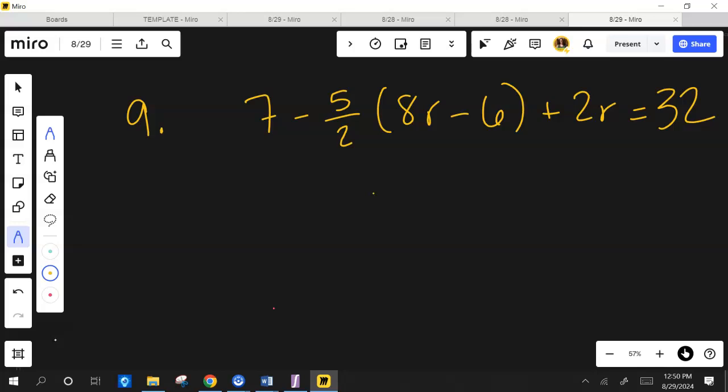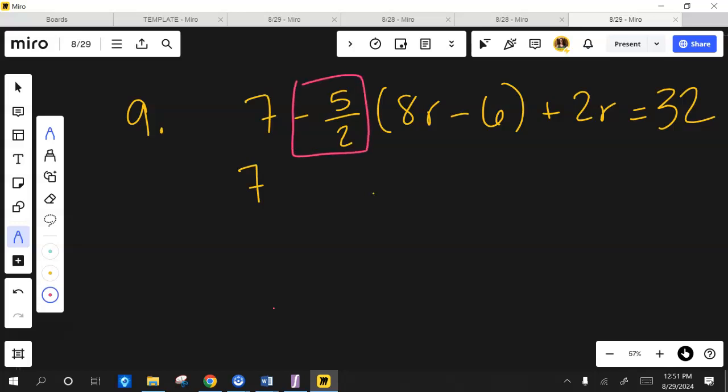Or tell me what I need to do. It's hard because it's a fraction, but that's okay. I'm still going to distribute. I'm going to write this 7. Now look what I'm distributing.